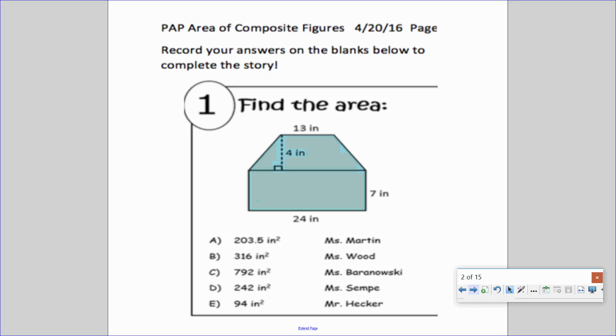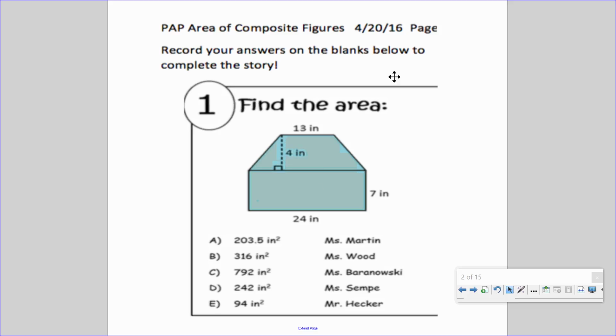So in the area of a composite figure, in this one, you're given a shape. And what you have to do is break it down into recognizable shapes. For example, I see a trapezoid here and I see a rectangle here.